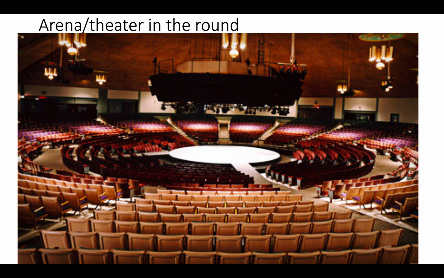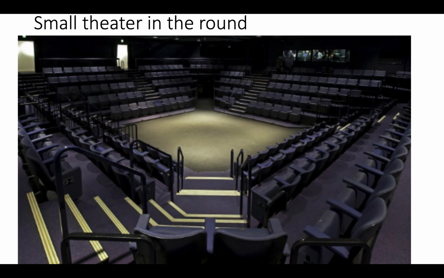The performance area is right here in the center, but the audience is surrounding this stage 360 degrees. Here is an example of a black box theater set up as a theater in the round performance space. Notice the performance space is square, but the audience is 360 degrees around that performance space.